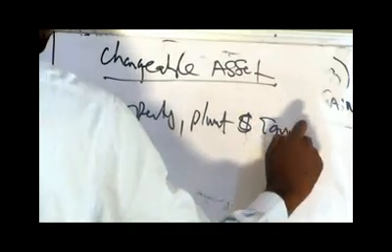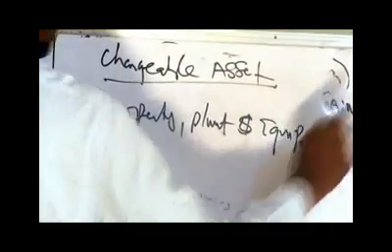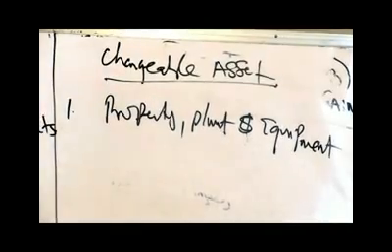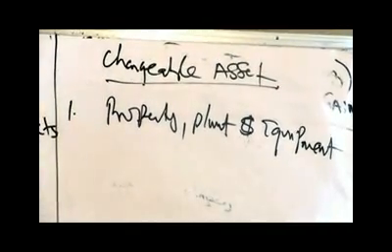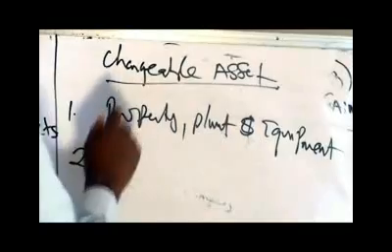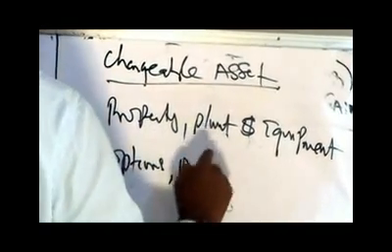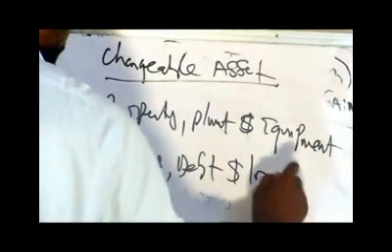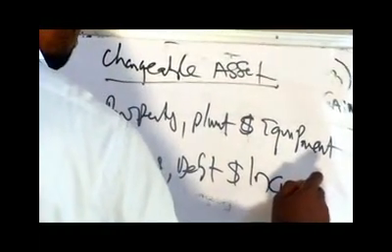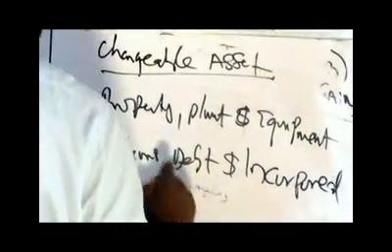Any asset, which means motor vehicle, land and building, fittings and furniture, are all subject to it. Then we have what we call options, debts, and incorporeal property, like goodwill.